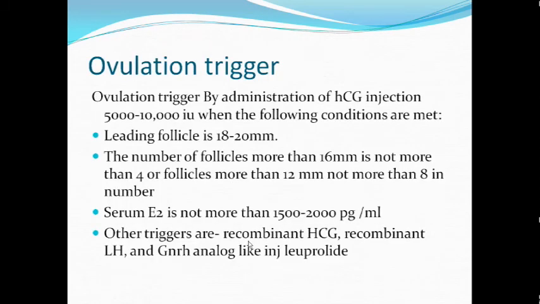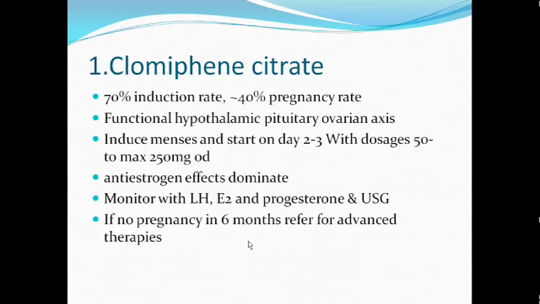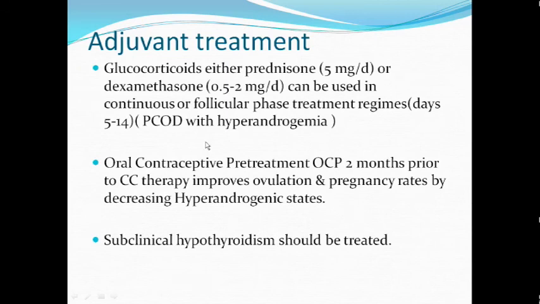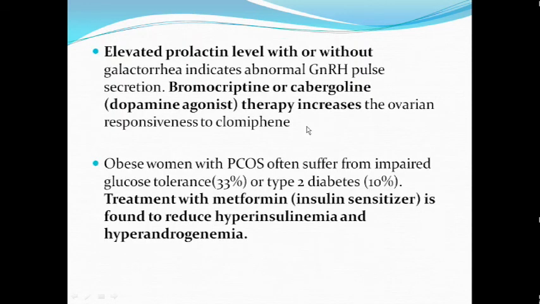So along with ovulation induction drugs, you may require to give ovulation trigger by HCG or LH or GnRH analog. In cases of PCOS or hyperandrogenemia, you may require glucocorticoid like prednisolone and dexamethasone, OCP, or correction of thyroid, prolactin, or insulin resistance.